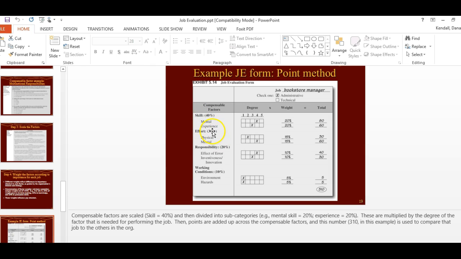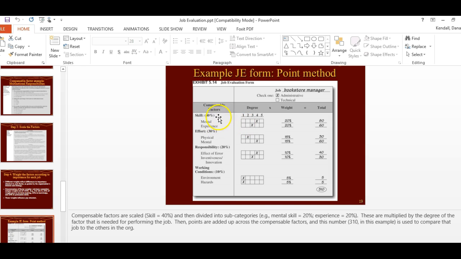So we have mental skill and experience skill. We have physical effort and mental effort, and responsibility, effective error, and then inventiveness and innovation. And so that's what this is over here. The weights, if we add these together, equal this 20%. Does that make sense? I hope it does. If you add these 15% together, that will equal 30. So that's how it's broken down.